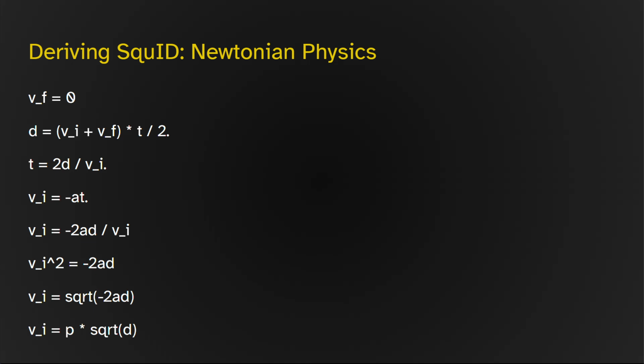If we rearrange that equation a little bit and put in that the final velocity should be 0, then we get that time is equal to 2 times the distance divided by the target initial velocity. The other thing we can find is that the target initial velocity should be the maximum deceleration times time. This is because we always want to be decelerating as fast as possible.